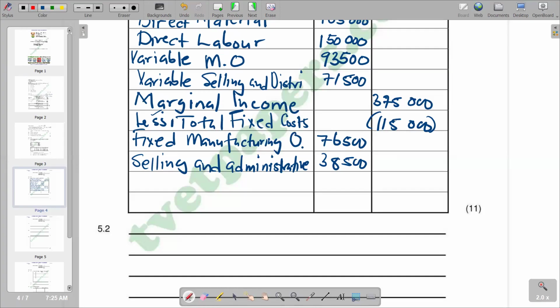But if we had marginal income less than total fixed cost, it was going to result in a net loss. So in this case, we are going to say net profit, and the difference is going to be 260,000. So this becomes our final answer.